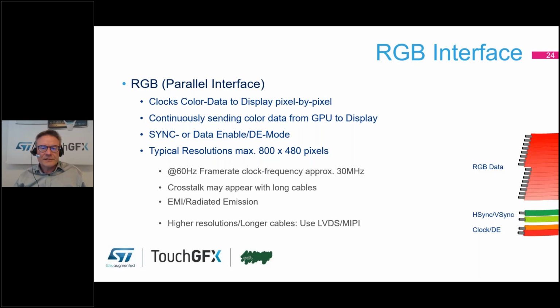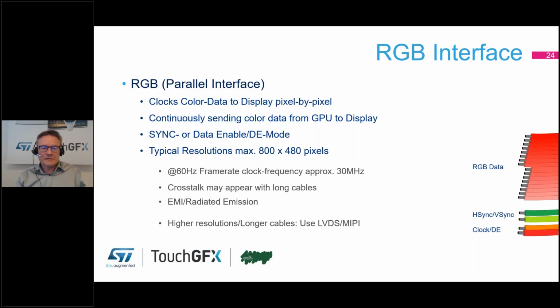From our engineers, I have learned that it is very wise to choose the DE mode, because if you're running sync mode, you will have to have your clock and signals synchronized and running in phase, and if small disturbances are not completely on time, you will see noise on your display.